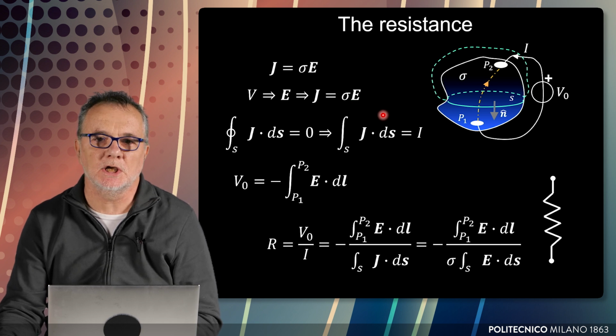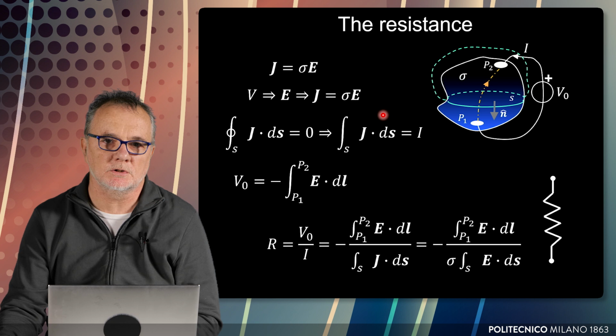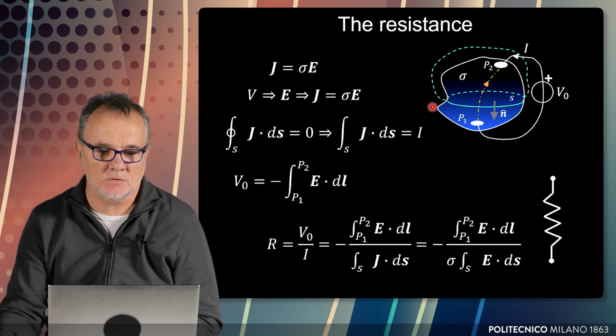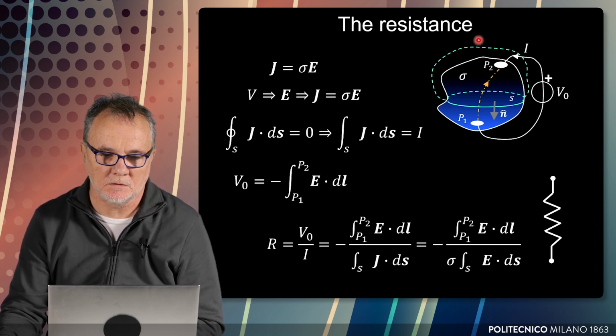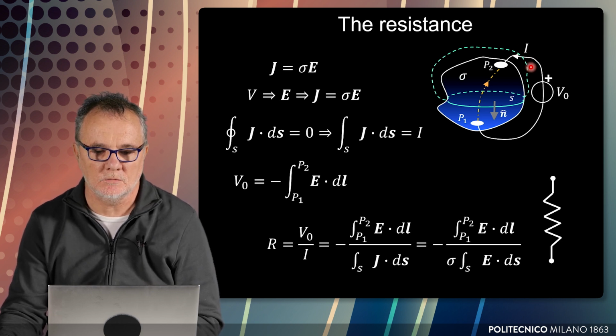Now, we know that J is a solenoidal field, so the total flux of J through a closed surface must be 0. Let's consider the closed surface as this green one. It intersects our volume here with the surface S, and then closes outside by intersecting the wire on which the current I flows.